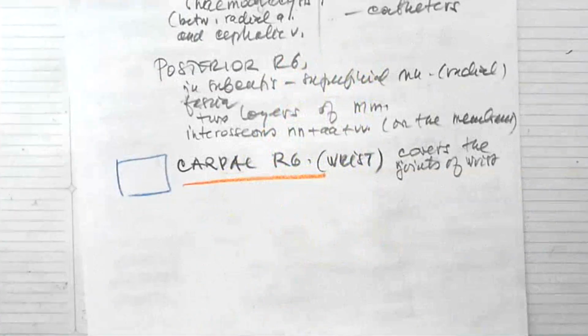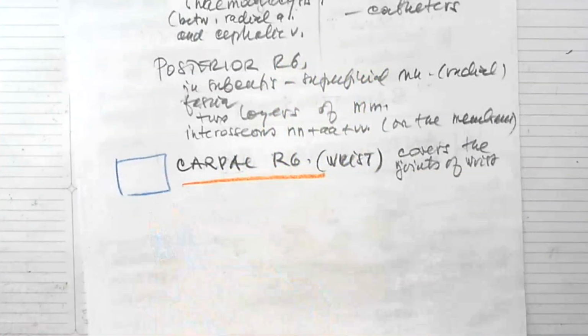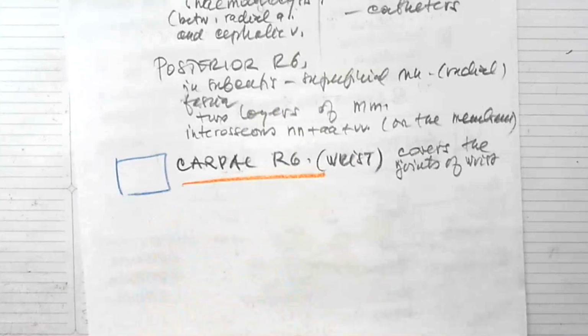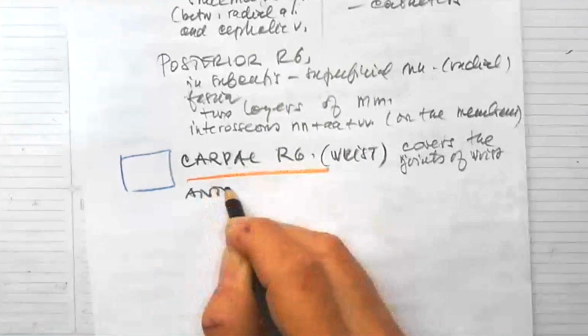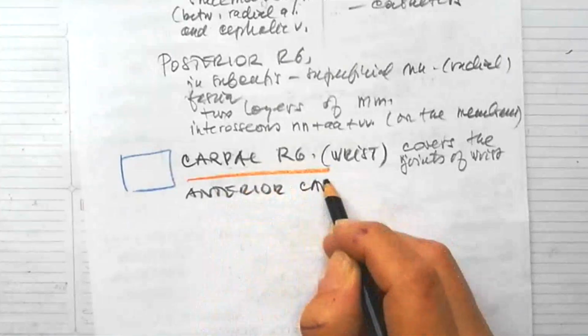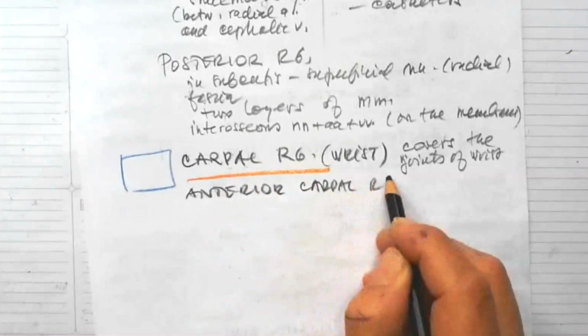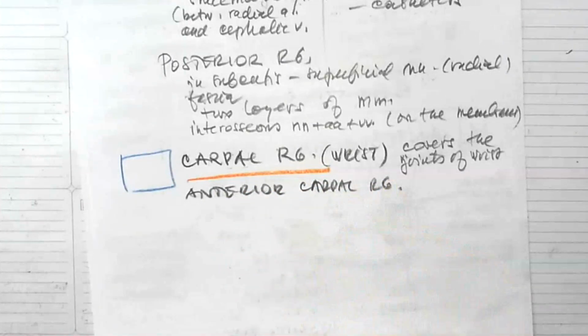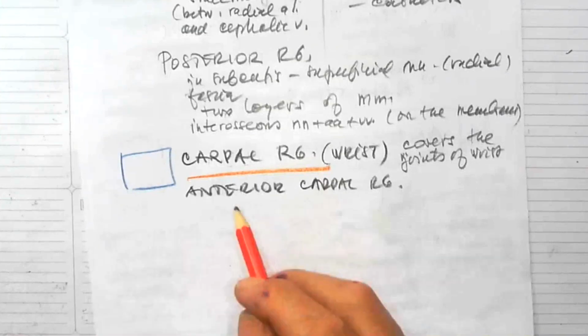Carpal region. Briefly, we start immediately with the anterior carpal region. So we have seen many diagrams. We could start with the skin.